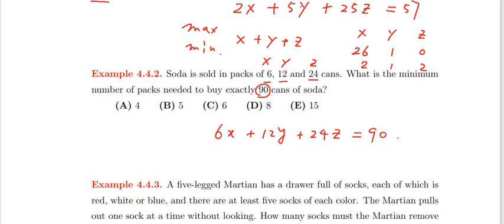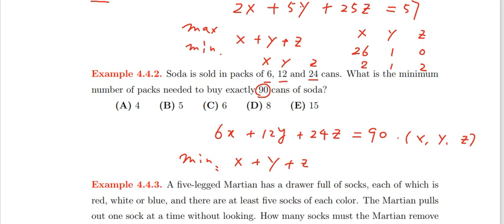We want to find the number of packs, x plus y plus z, the smallest one, the minimum. So we try to make this as small as possible, then we pick z as large as possible, right? The largest z could be 4?